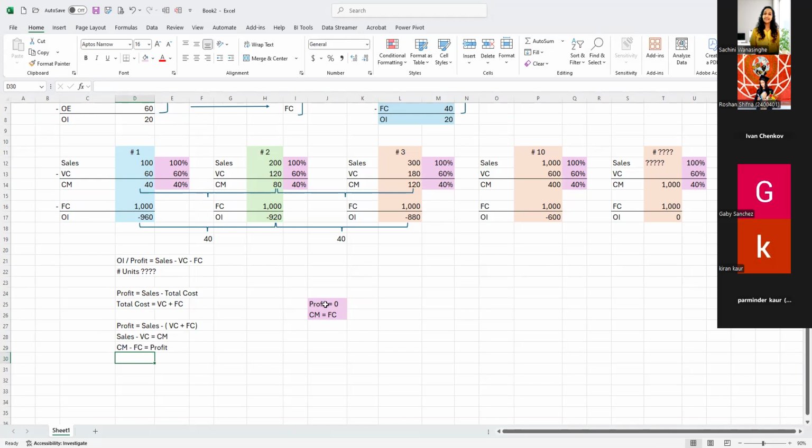But if I want profit to be 0, then my contribution margin has to be equal to the fixed cost. The only way my operating income will be 0 is if the contribution margin generated from my sales equals my fixed cost. In any other scenario, I'm losing money.